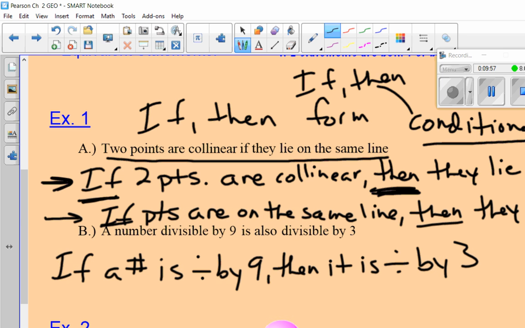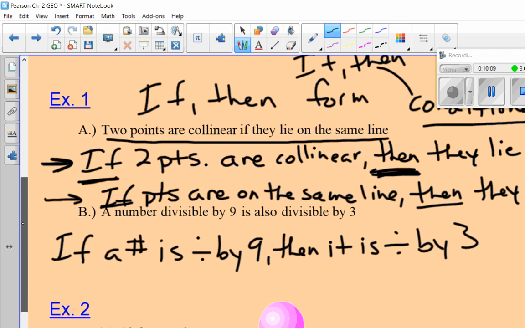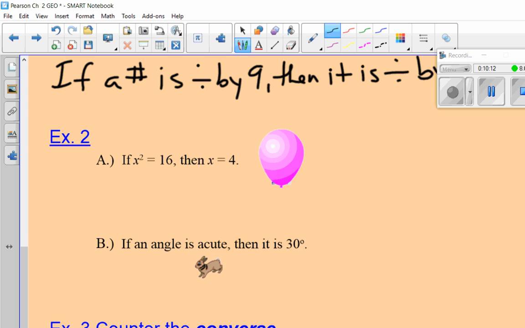So when we flip these around and start playing with converse, inverse, and contrapositive statements, some of them are going to be true and some are going to be false. Example number 2, if you could write that one down: if x squared equals 16, then x equals 4. I want to find a counterexample.